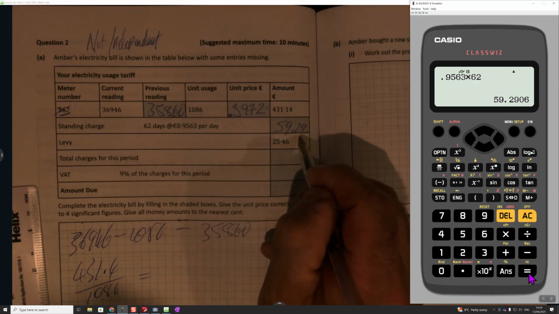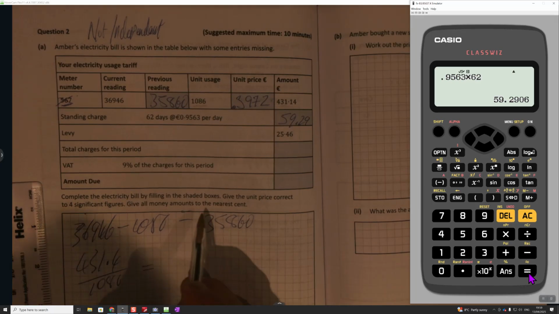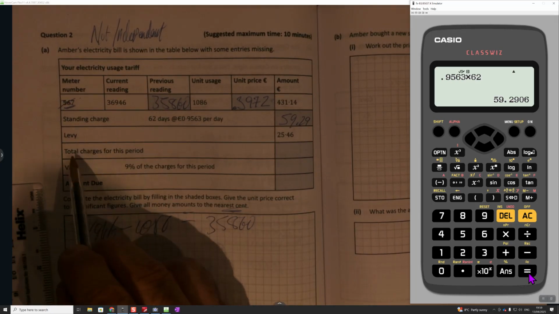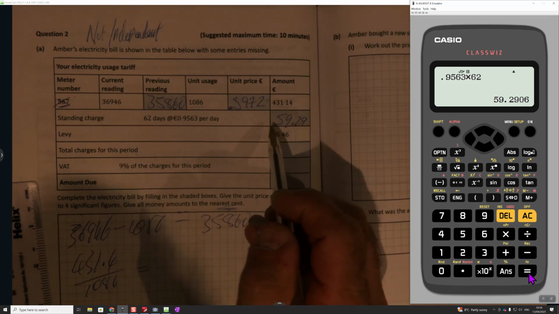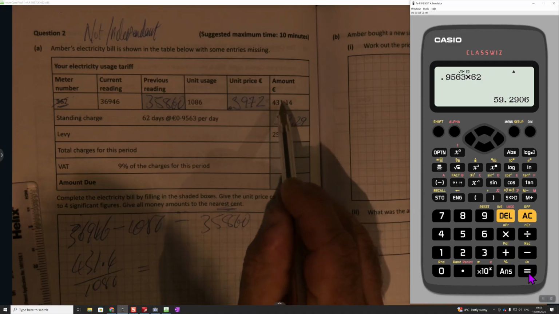It's nearly always the case that they want you to round to the nearest cent. I'm sure it says that here. Okay. So now we have the total charge for this period. We'll want to add these 3 values up.